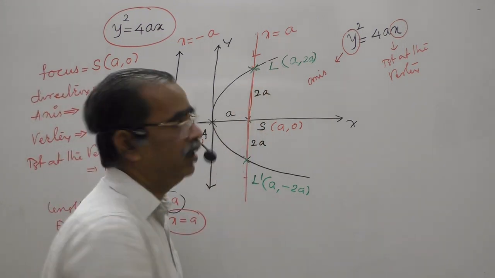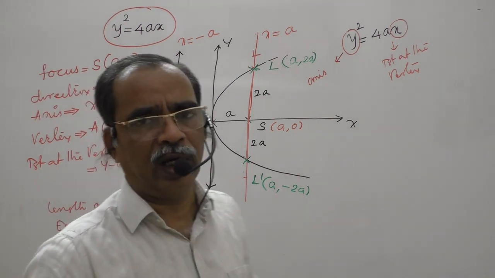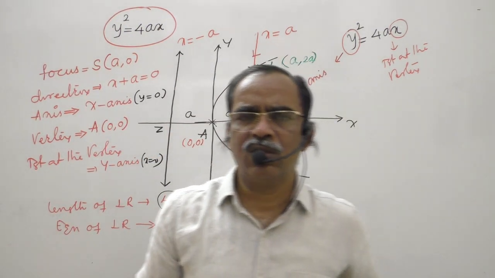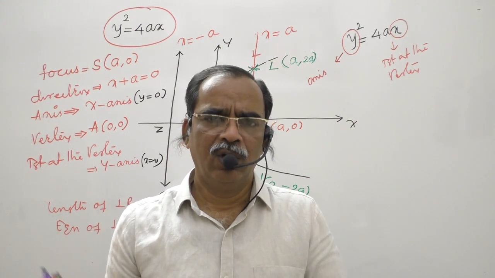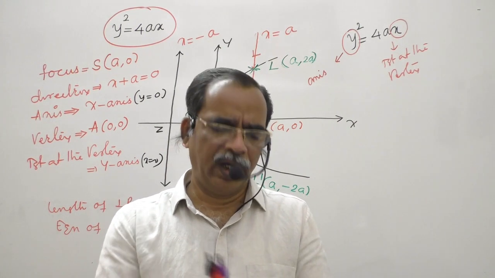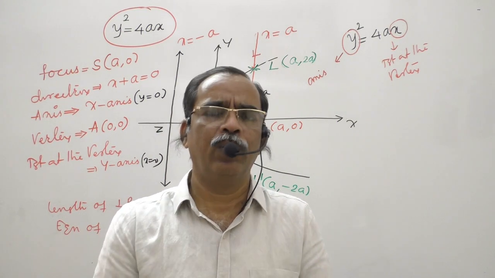The points are (a, 2a) and (a, minus 2a). So what we have discussed, you practice all these a number of times. Watch this video, take a notebook, note down all the points and prepare thoroughly.